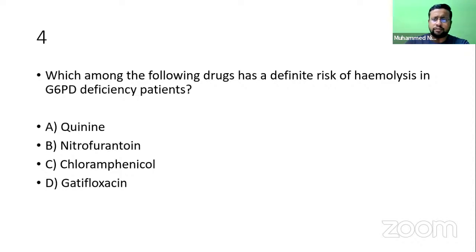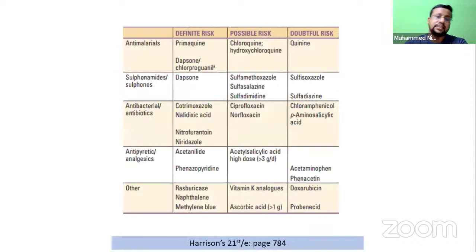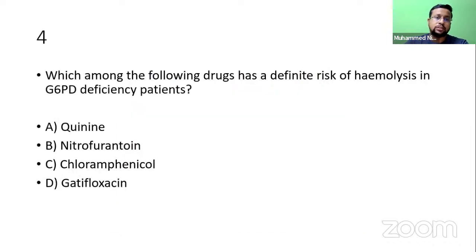Quinine, chloramphenicol, gatifloxacin are not so common, but in this table, among the antimicrobial agents, the drugs associated with a definite risk of hemolysis include the sulfa drugs, nalidixic acid, nitrofurantoin, and among the antimalarials, again, definite risk. Also trimethoprim, dapsone, and chloroquine. So again, no doubt in this question: which among the following drugs has a definite risk of hemolysis in G6PD deficiency? The answer is nitrofurantoin.